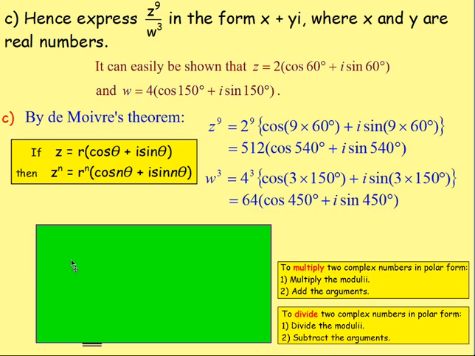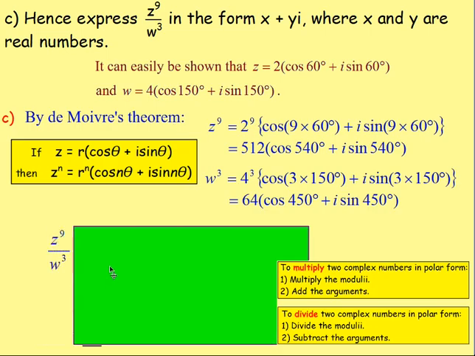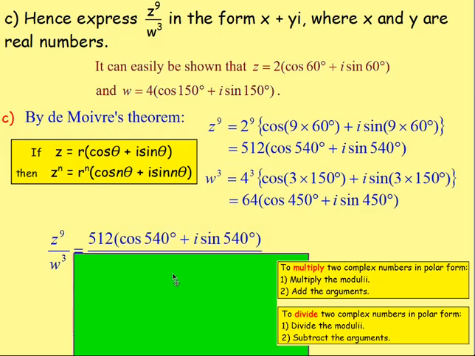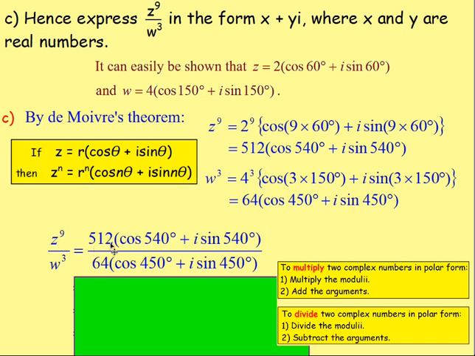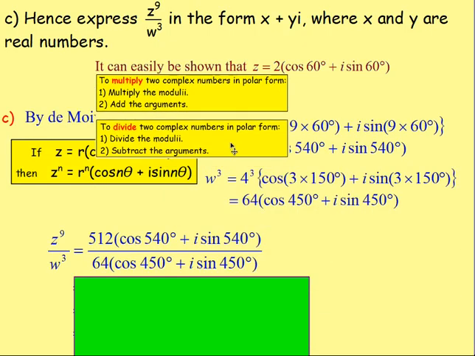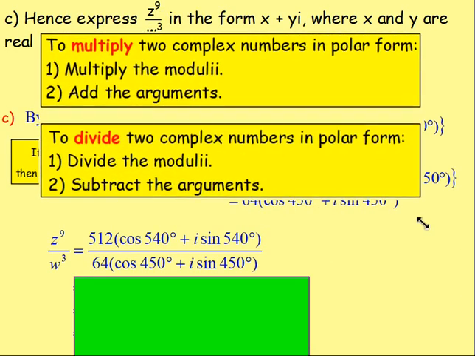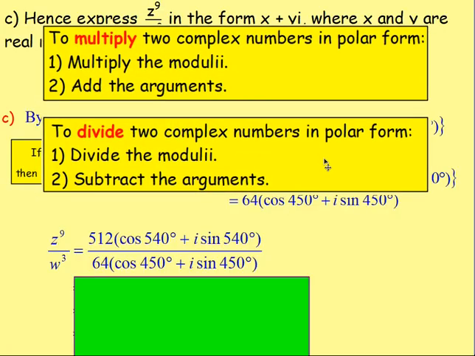What we do next is we're wanting to work out the z to the power of 9 divided by w cubed. Well, really, if you take these numbers, which are in polar form, what we've got then is the 512 bracket cos 540 plus i sine 540 divided by the 64 bracket cos 450 plus i sine 450. Here we're wanting to divide the complex numbers in polar form, so again, you're just wanting to think back to the start of this chapter.